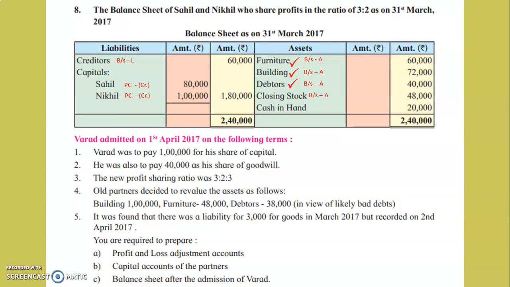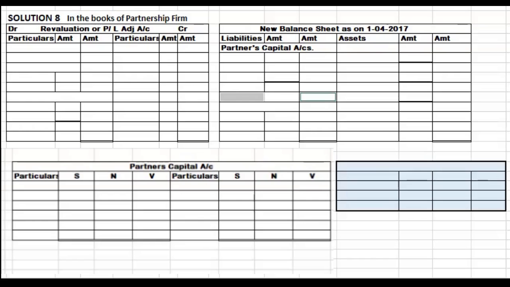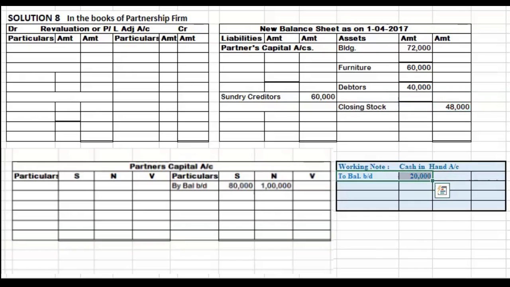And for cash in hand, we prepare a working note, and we write the opening balance of cash in hand 20,000.